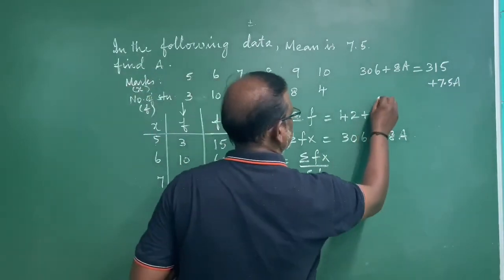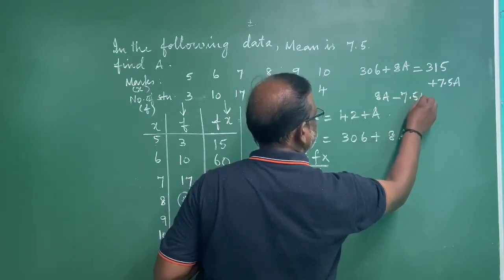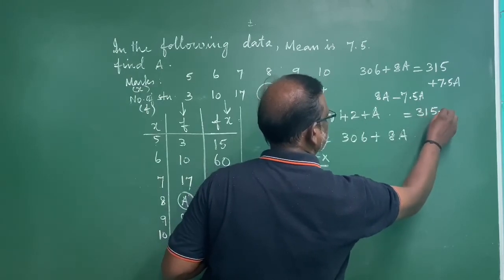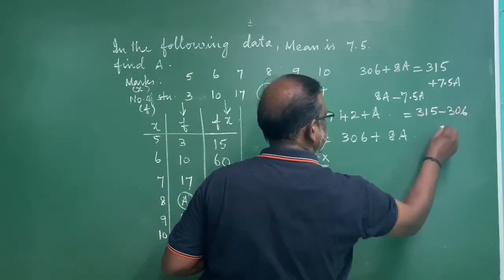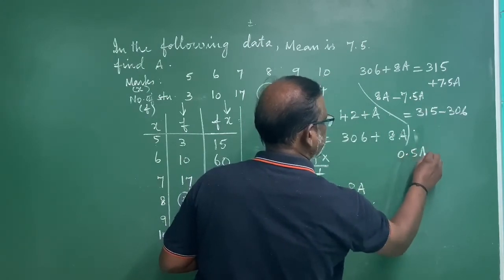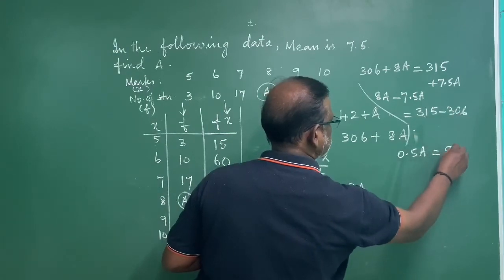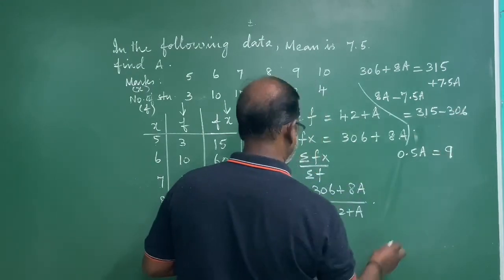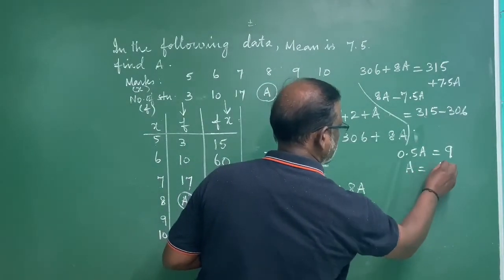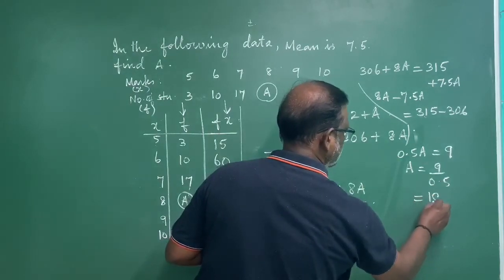We will get 8A minus 7.5A is equal to 315 minus 306. 0.5A is equal to 9, and therefore A is equal to 9 by 0.5, that is equal to 18.